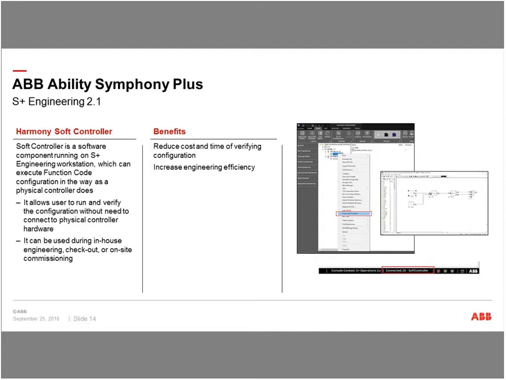When you enable it, it loads your CFG file and starts to run. Then you can configure a special connection, and you can do your monitoring and tuning, and see your runtime values in exactly the same way as when you are connecting to your physical controller.